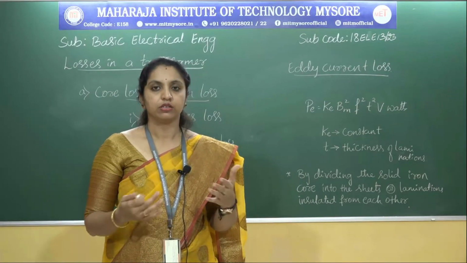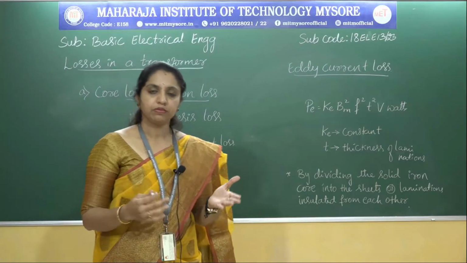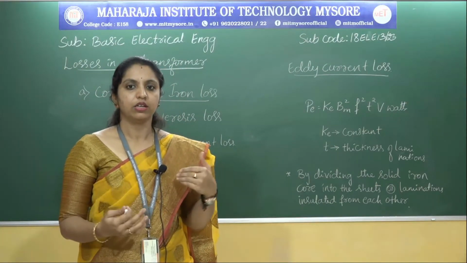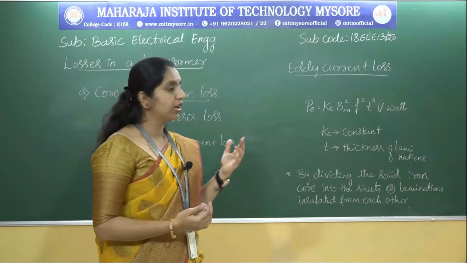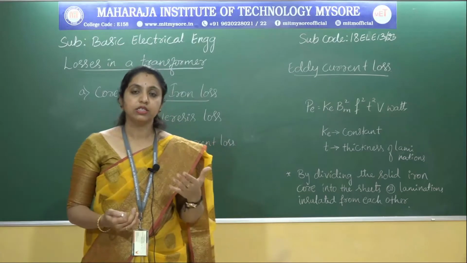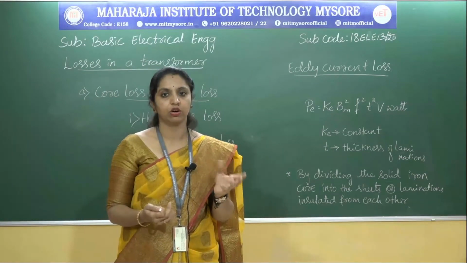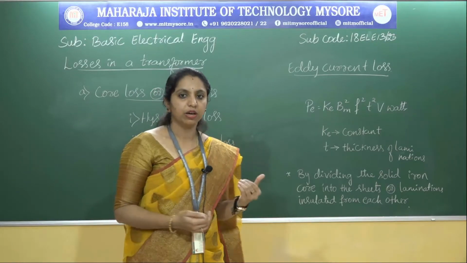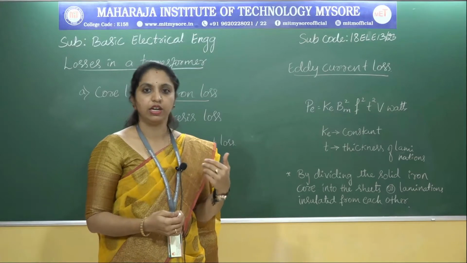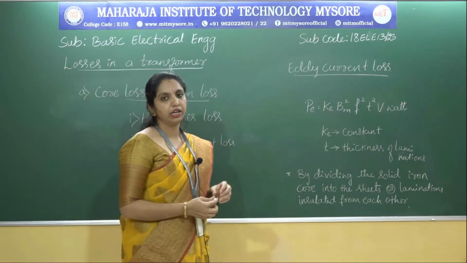This eddy current may be quite high, and since the resistance of the iron is quite low, it results in heating of the core and the loss of power. So this is nothing but eddy current loss.